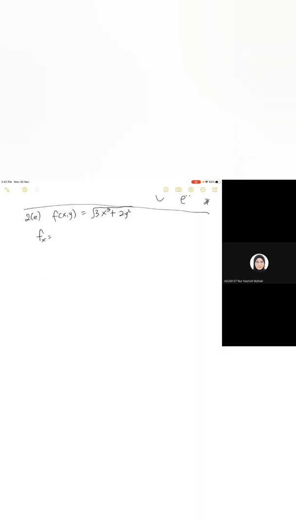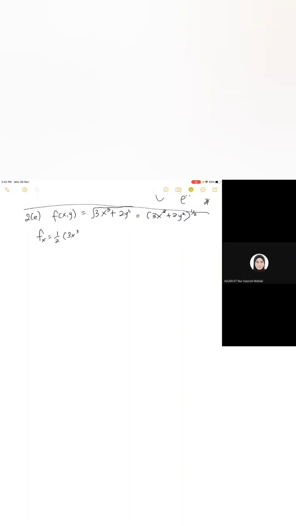Okay, so this is a square root. Square root is actually what? Square root is actually to the power of half, right? So we do that first because we know when differentiating a power, the power comes down and then the power will be minus 1. Okay. So for f_x, y will be constant. So before we differentiate the 3x to the power of 3 plus 2y squared, we differentiate the power first, which is 1 over 2.